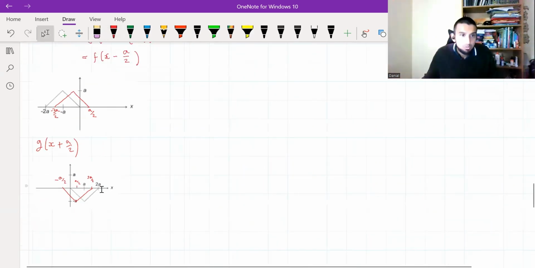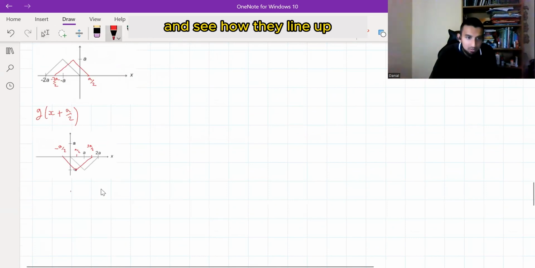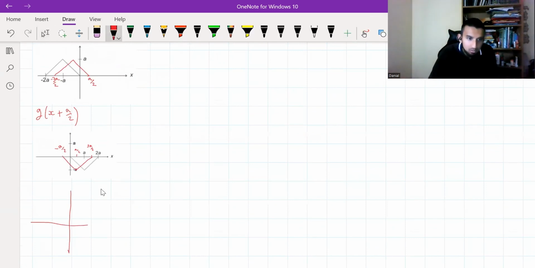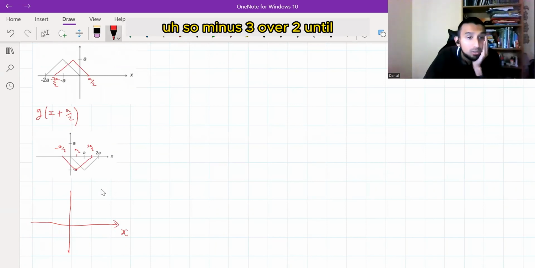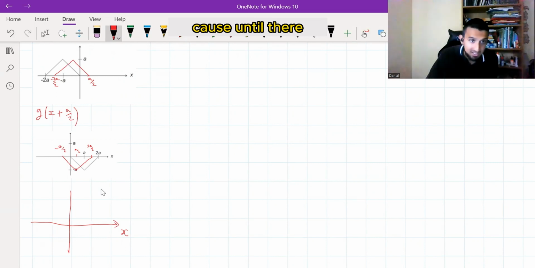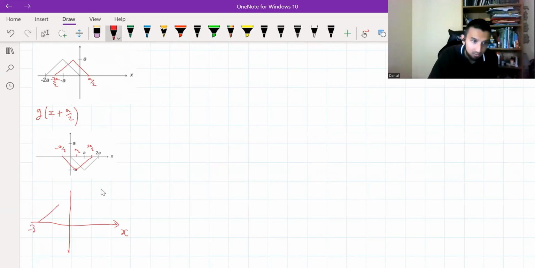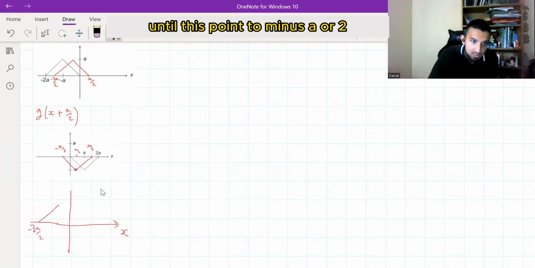So we need to look at these two functions and see how they line up. So from minus 3a over 2 until minus a over 2, nothing's affected us from this function. So from there, we just can keep that as it was, okay? Until this point to minus a over 2.